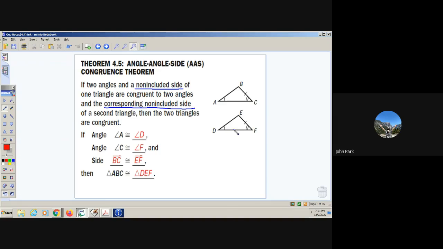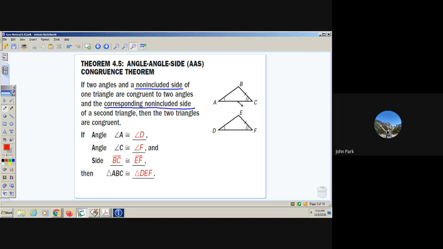So you can use both angle side angle and angle angle side. What that means is basically when you have two angles congruent to two angles of another triangle, you just need to show one more side that's congruent. It doesn't matter where it is. If it's in the middle of the two angles, that would be angle side angle.